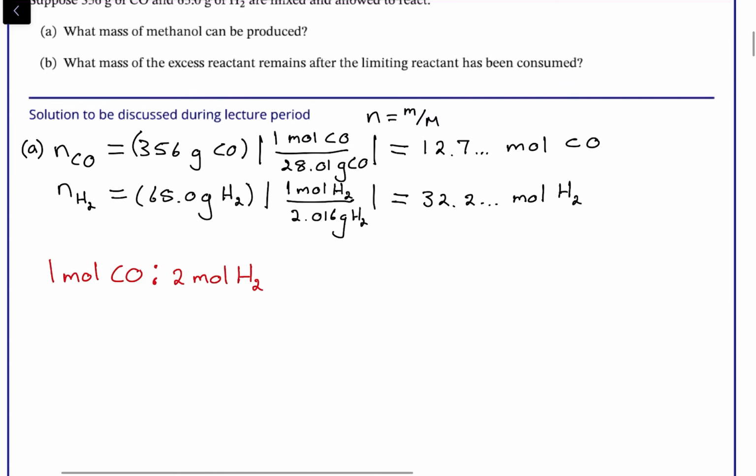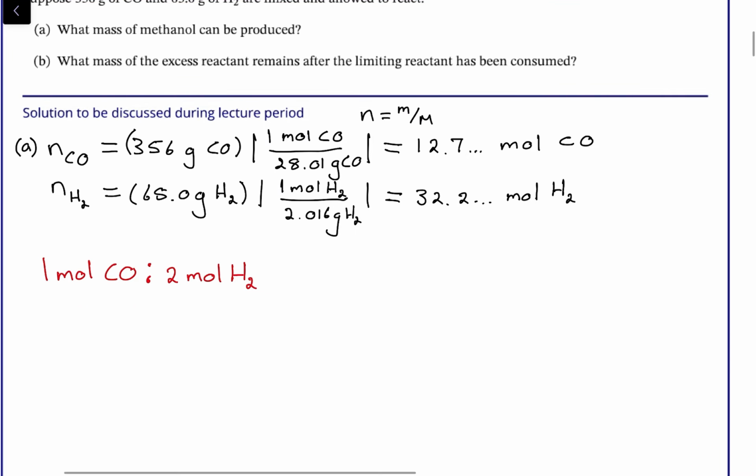We currently have a situation where we have 12.7 mole carbon monoxide. Theoretically, with how many moles of hydrogen would that react? Remember, that's your X you typically want to solve for.